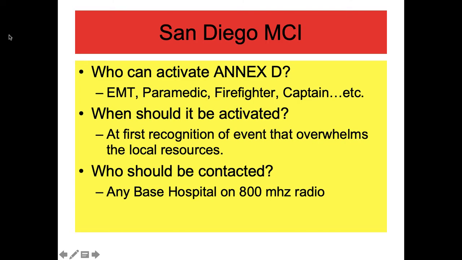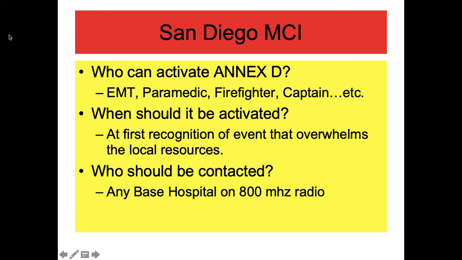So if we have 200 or 300 patients, or even 40 or 50 patients, and we think we're going to need additional ambulances from Imperial County or Orange County or Riverside County, activating Annex D opens up those resources for us to use. It also gets the state and the counties involved. A lot of this is funded through state mandated money, so it pays for all this overtime and all these extra resources.